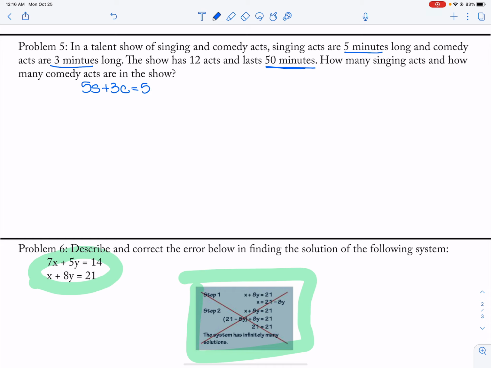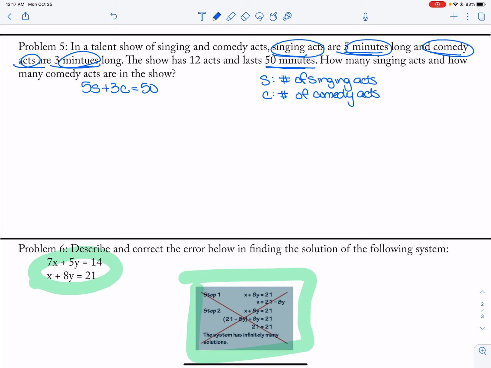That gives me 50 total minutes. Remember, S is the number of singing acts times 5 minutes, and C is the number of comedy acts times 3 minutes. So S represents the number of singing acts and C represents the number of comedy acts.